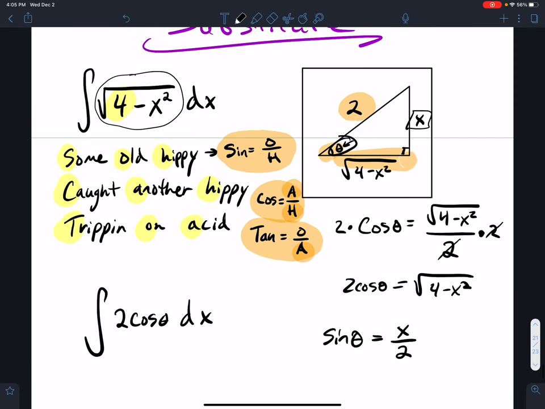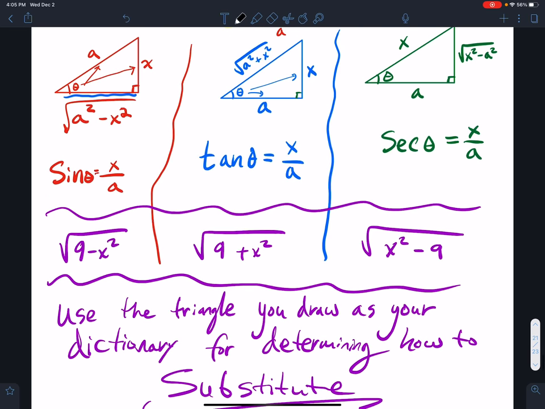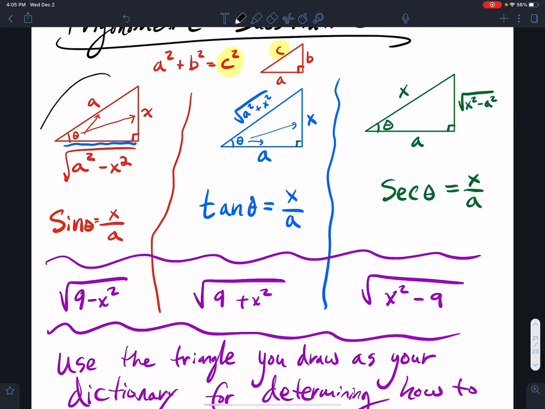So that right there, my friends, is what helps us out. And what I want you to realize, if you go back up here to your little trick, what did we say? We said sine of theta was x over a, where a squared is what goes in there. Remember, it was 4 minus x squared, right?